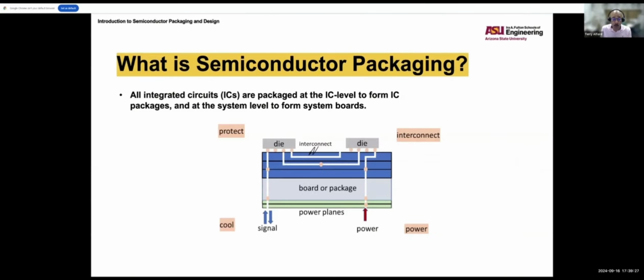So some of the power will be dissipated in the form of heat. And we will see that heat can be detrimental to the performance as well as to the actual structure of our package. So it's important that we have an idea about cooling.